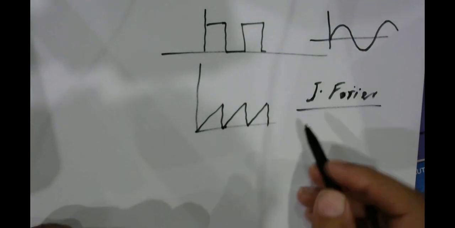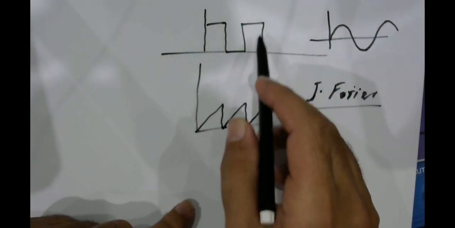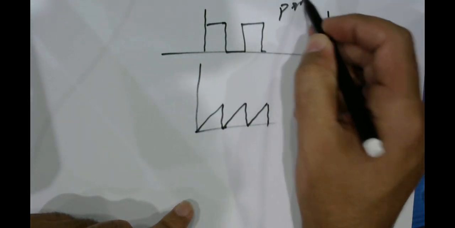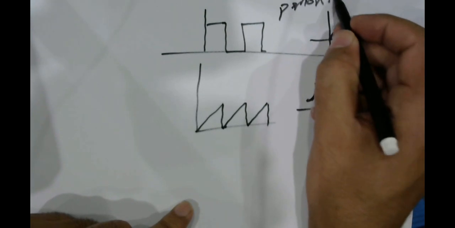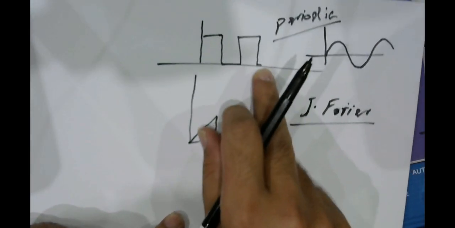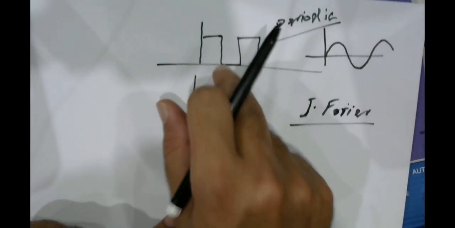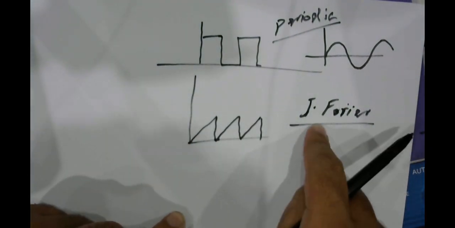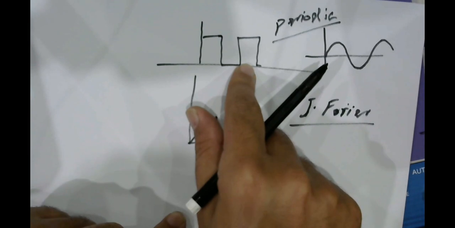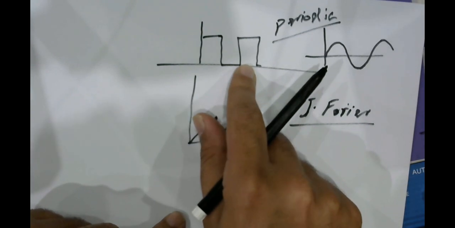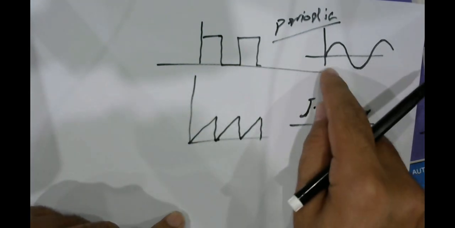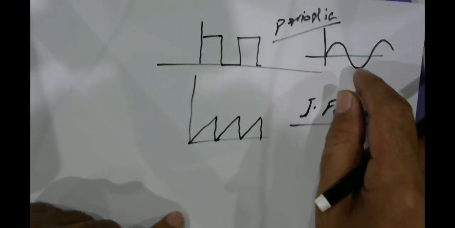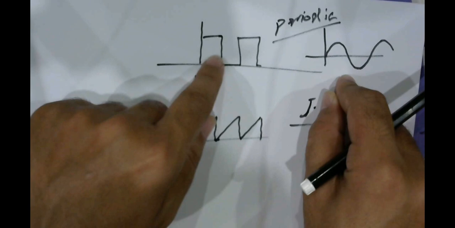If you have this kind of wave, which is periodic, this is the first and most important property your signal must have in order to apply the Fourier series. He said that if you are given any periodic signal, you can write it as an infinite summation of sine waves. That means if you are given just a sine wave, you can produce this signal.